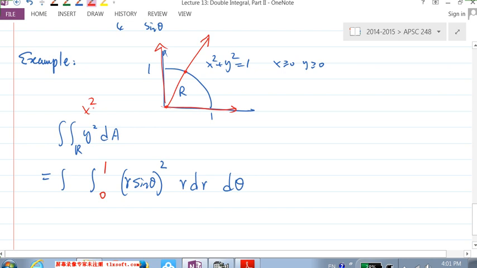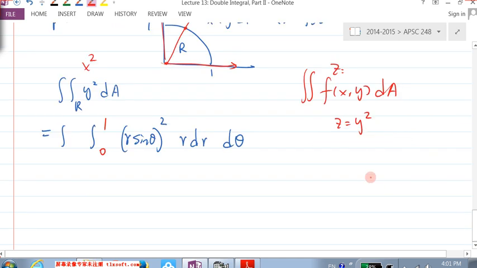So what does that look like graphically? Y squared? Basically, this is f. Your double integral is this, right? This is the double integral of f of xy. Z equal to f of xy essentially is a surface, right? So if this is z equal to y squared, what does it look like?